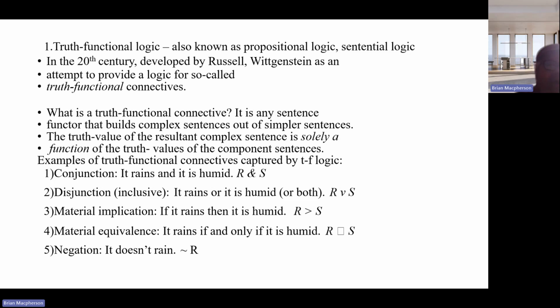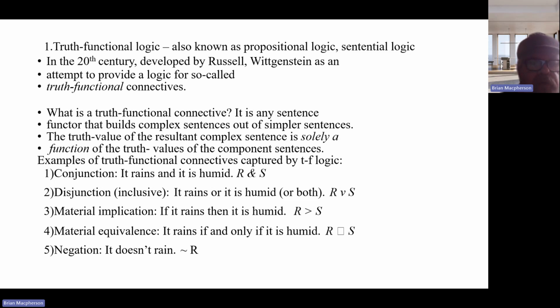Okay, so R and S. So the connective here, the formal connective, is the and. It rains and it's humid. So and is a truth functional connective. The truth value of it rains and it is humid is a function of the truth values of it rains and it is humid.